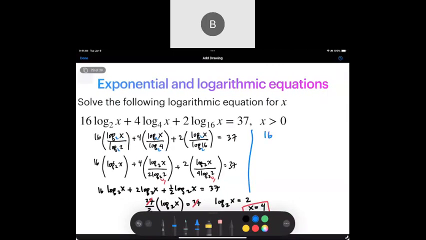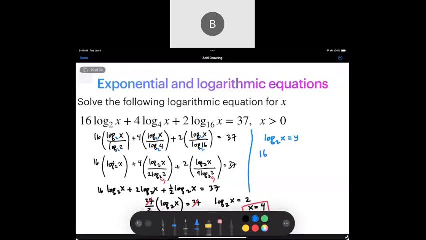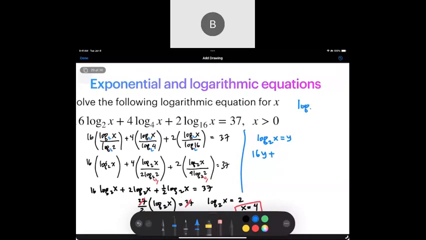Like for example here, I can start by taking log 2x as y. Okay, so it will be 16y plus this one, log 4x.